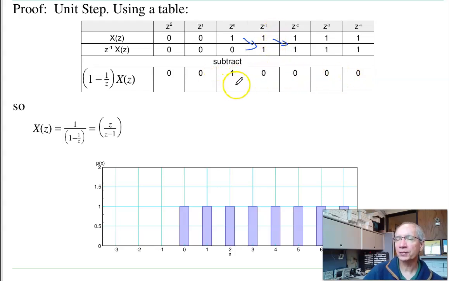This is a delta function. I like delta functions because the z transform is 1. Now solve. I divide by 1 minus 1 over z, clear the fraction, times z over z, gives you z over z minus 1. This is the z transform of a step. And that's what a step looks like. It's 1 for k equals 0 on up.